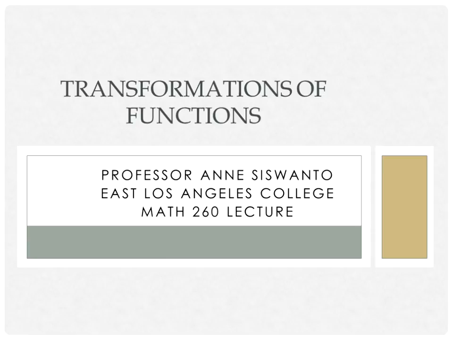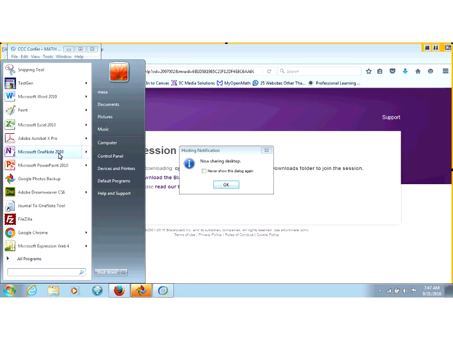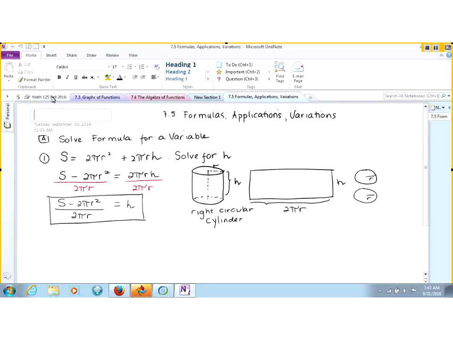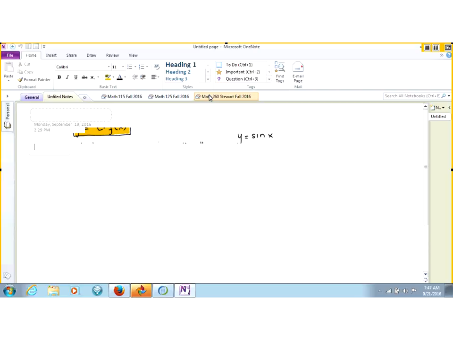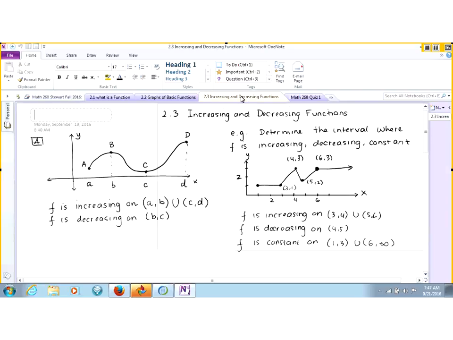Let me share the page, share desktop, and OneNote. Where is my OneNote? Okay. And I have to open Mac 60. Which one is it? 2.4? Oh, where is 2.4?